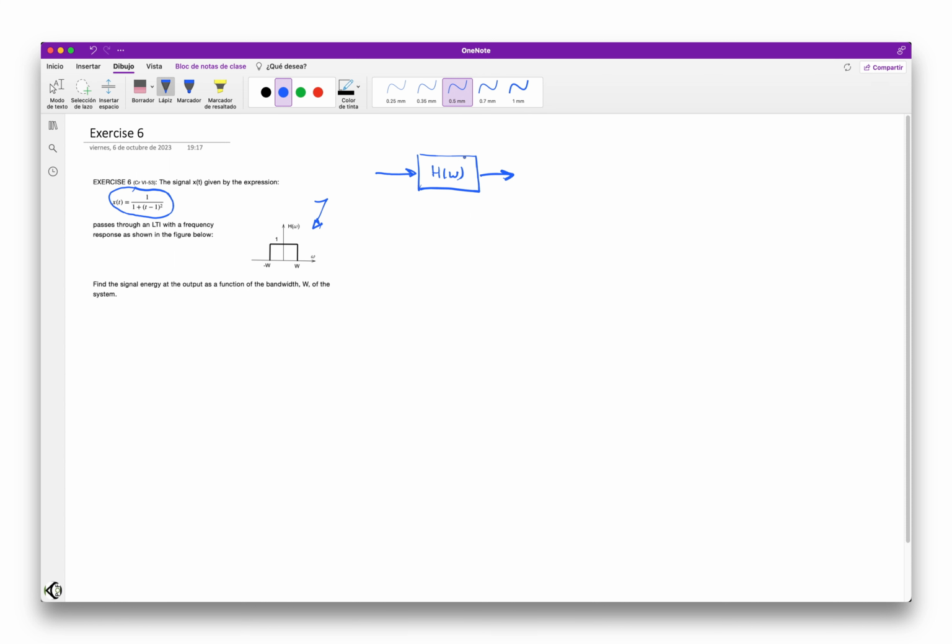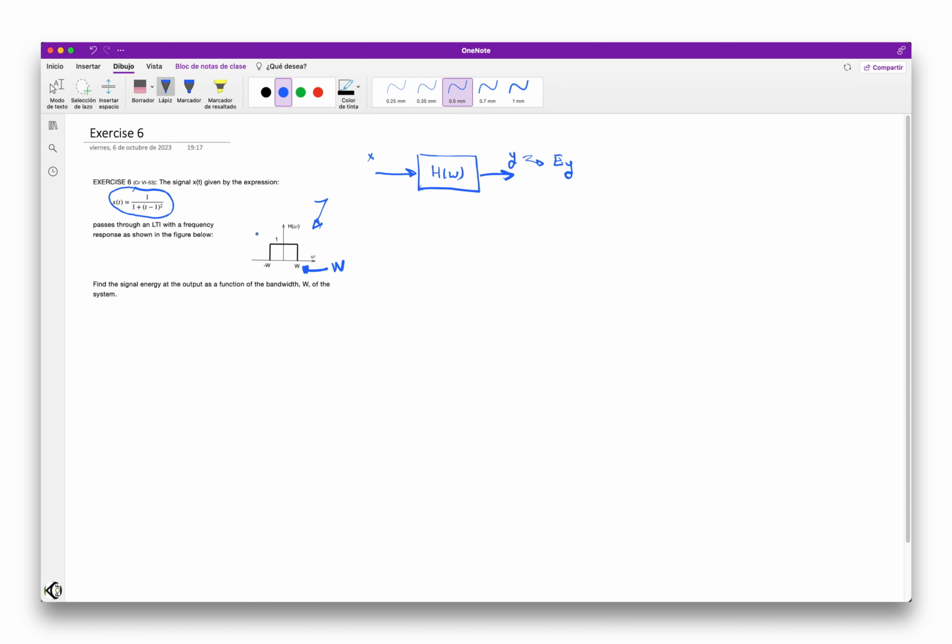And we have to find, in this case, not the output signal, but the energy of the signal at the output, and this energy will be a function of an unknown, which is W, the bandwidth of the filter, or the bandwidth of the frequency response.